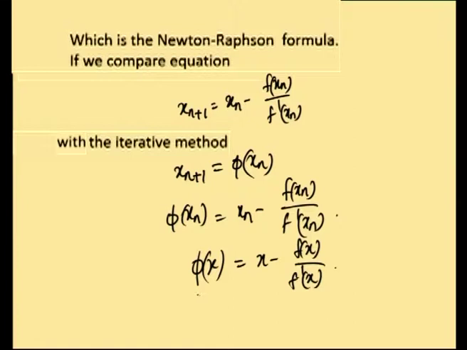Removing all the xn's, we get phi(x) = x - f(x)/f'(x), so that phi'(x) = f(x) f''(x) / [f'(x)]².